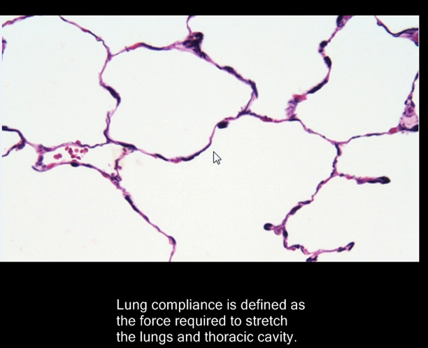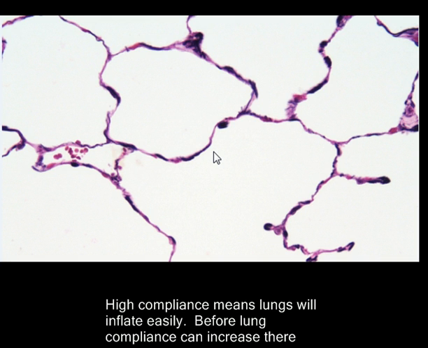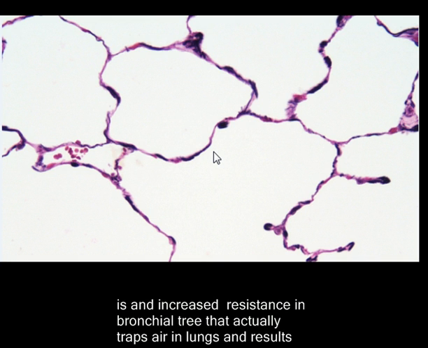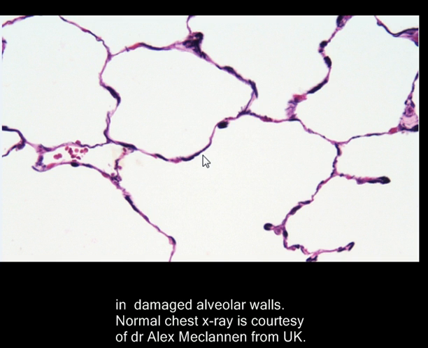And lung compliance is defined as the force required to stretch the lungs and thoracic cavity. High compliance means lungs will inflate easily, but before lung compliance can increase, there is an increased resistance in bronchial tree, as I said before, that actually traps air inside the lungs and results in damaged alveolar walls.